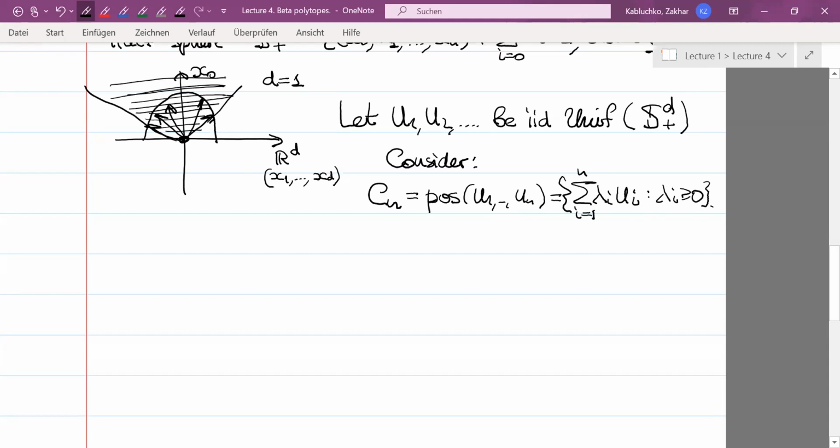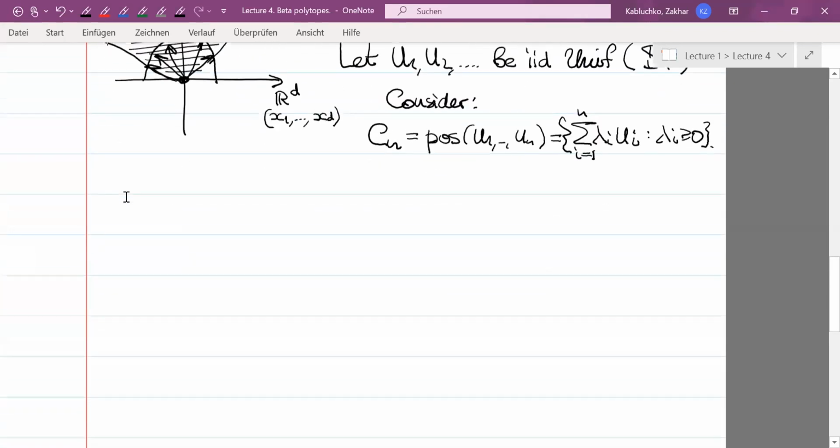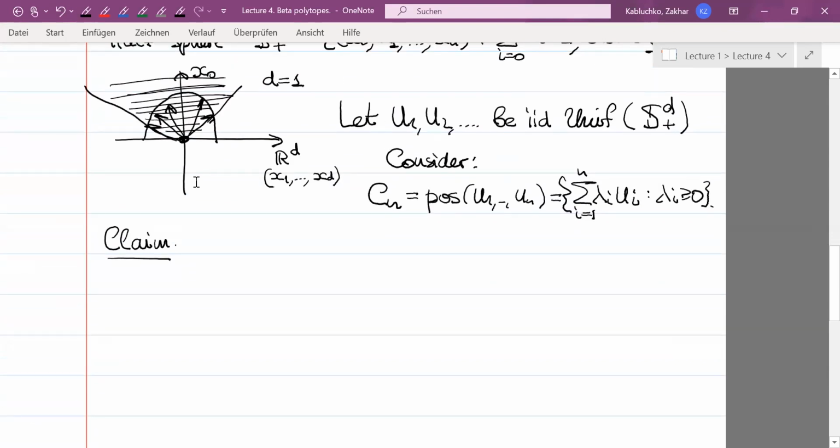And then a question is, for example, what is the number of k-dimensional faces of this cone? Of course, in dimension 2, it doesn't make any sense, but in higher dimensions, it's non-trivial. And here is a claim, which was in some special case an observation of Barany, Hug, Reitzner, and Schneider. In the following, by the way, I will usually not give precise references, for the reason that some of the papers were written by a large number of authors.